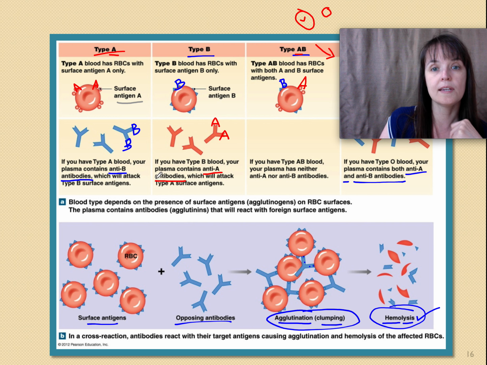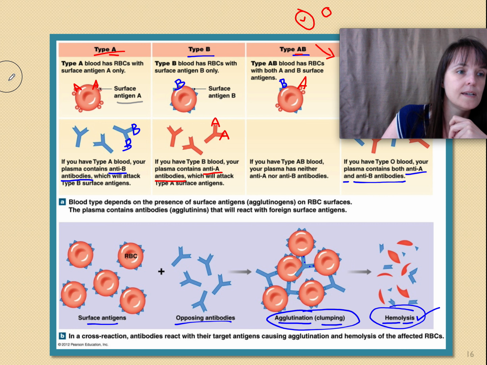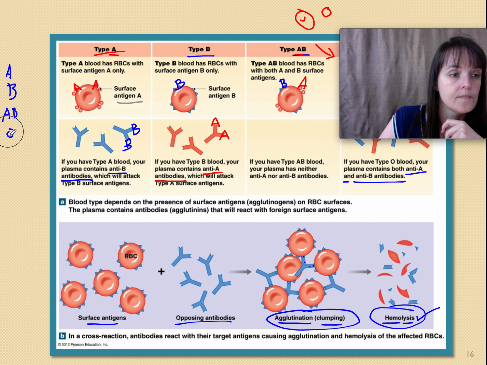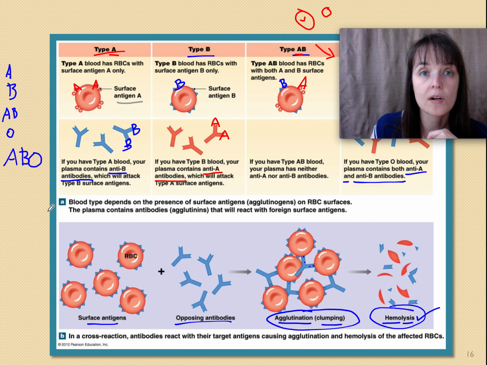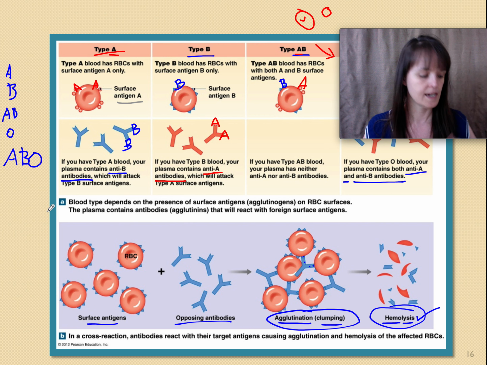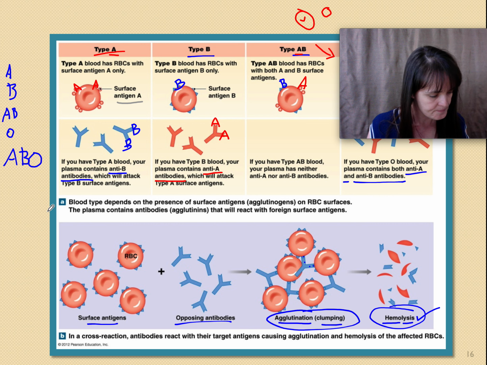So these are the main blood types: A, B, AB, and O. These are from the ABO system. The ABO system is part of how we show these.